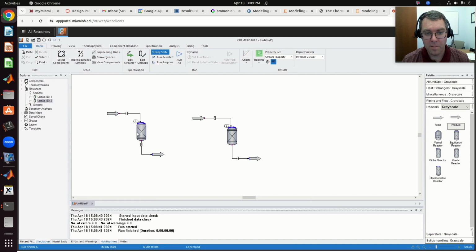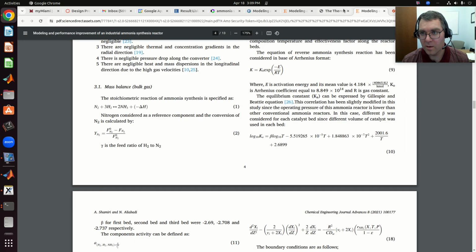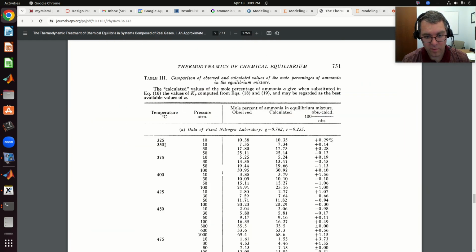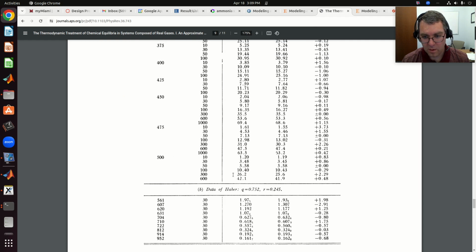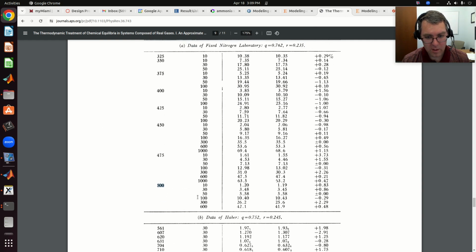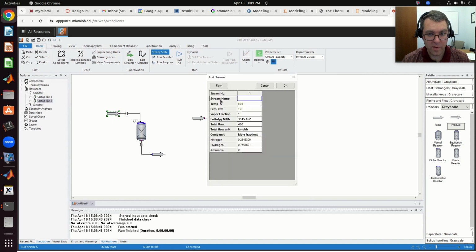Okay, let's try. So that's at 325. Here we're getting up to much higher conversions. Let's try 500 and 600 ATMs. So let's change this to 500. So it's going to be 773 Kelvin and 1000 ATMs.